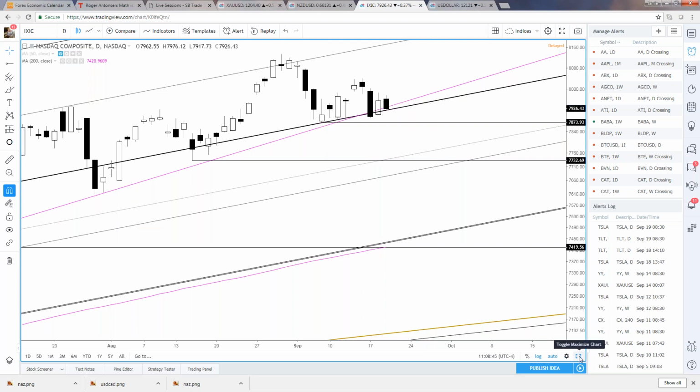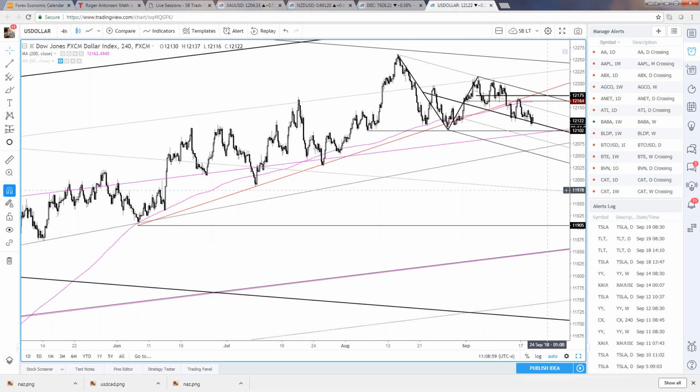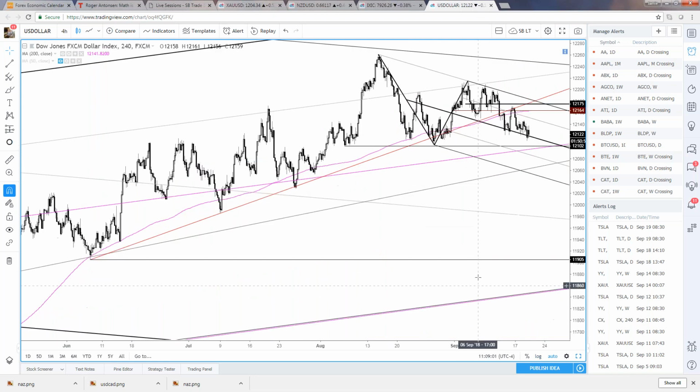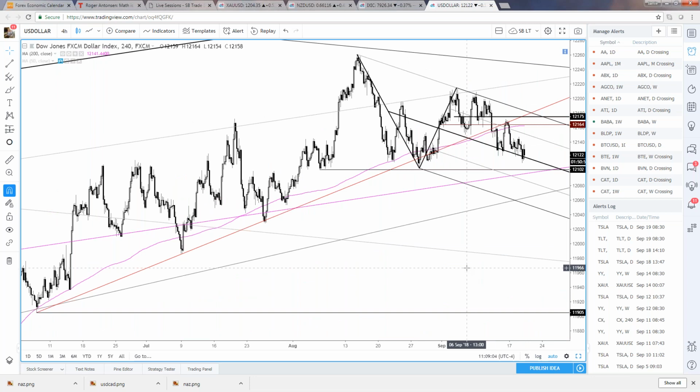All right. So now we can resume our regular scheduled programming, FX-wise and all of that, and we're going to get into the dollar. All right. So here is our U.S. dollar chart. The U.S. DOLLAR, not DXY.